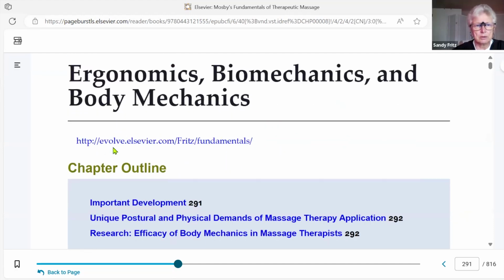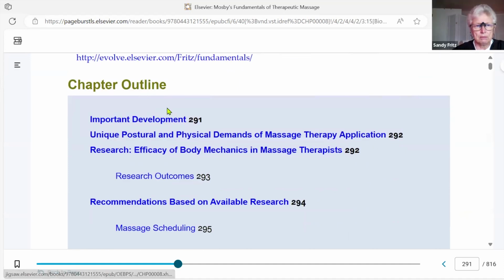The Massage Therapy Research Foundation is involved in some research around ergonomics and how that would influence biomechanics.